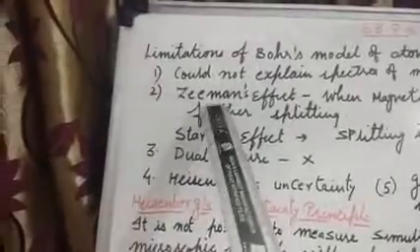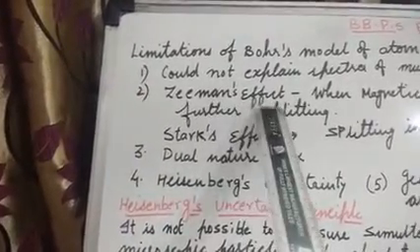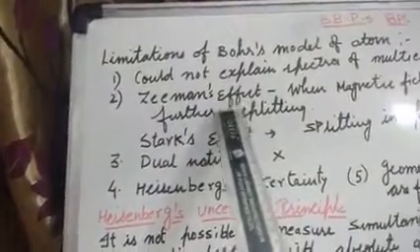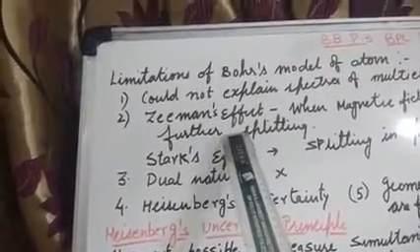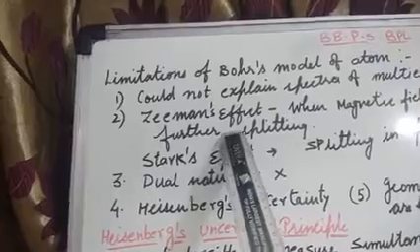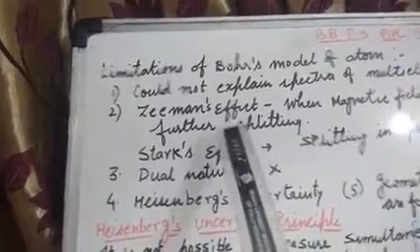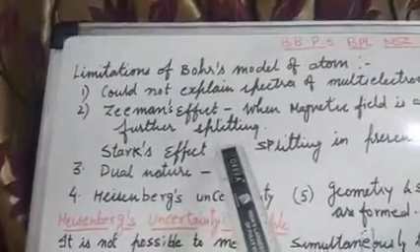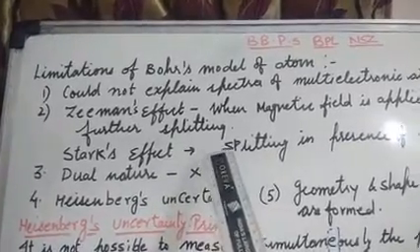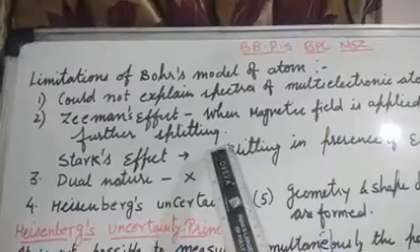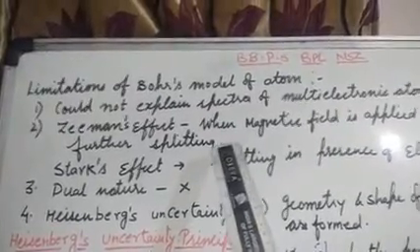Okay friends. One more thing, he was unable to explain Zeeman's effect. Now the question arises, what is actually this Zeeman's effect? Students, in the line spectrum of different elements, different bright lines were obtained, as we did in case of sodium and in case of hydrogen, which lie in particular wavelength regions.